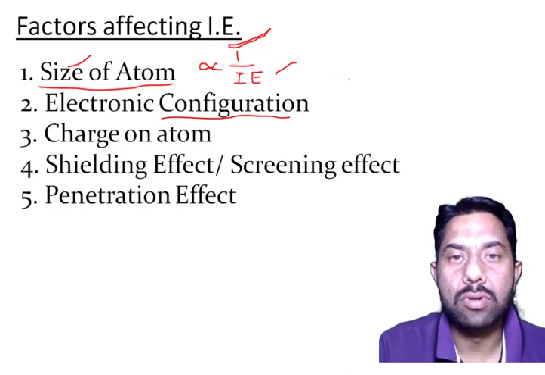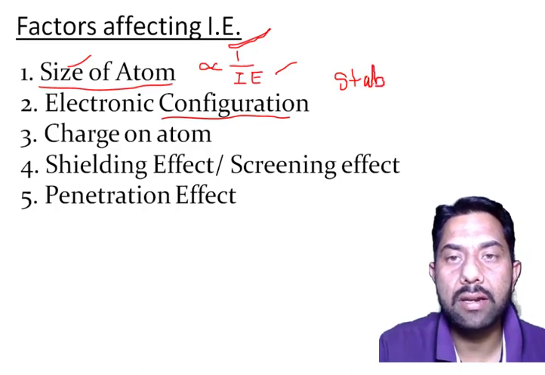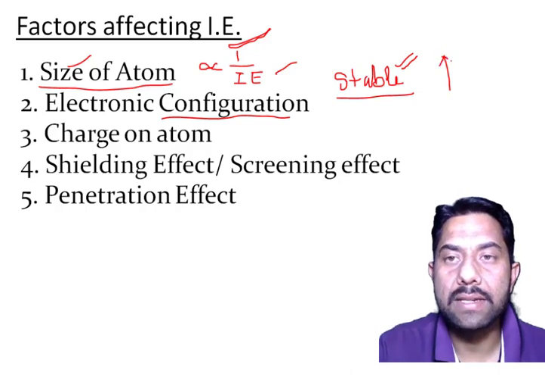A stable electronic configuration is the case when the shells are fully filled or half filled. So a stable electronic configuration means more ionization enthalpy.